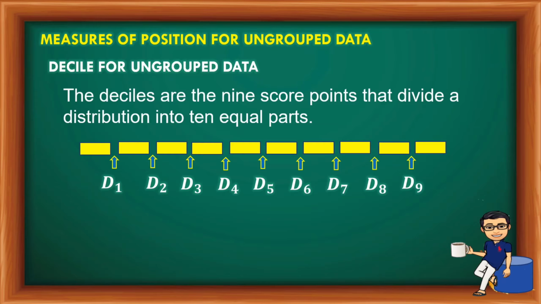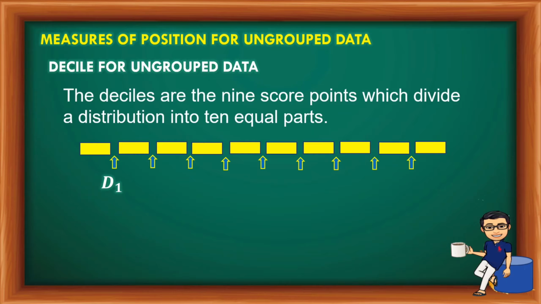So let us try to analyze that diagram. Let's start working with decile 1. When we talk of decile 1, that means to say that 10% of the distribution are below the first decile.